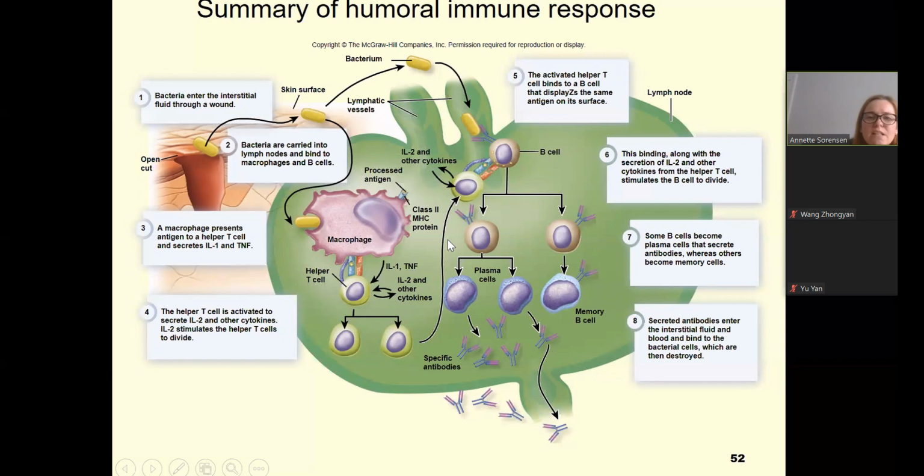Now the T cell can bind to the B cell, which is displaying the same antigen on its surface as was presented by the macrophage.